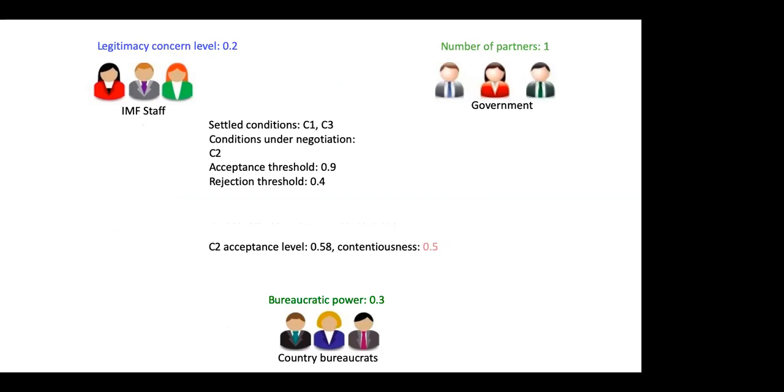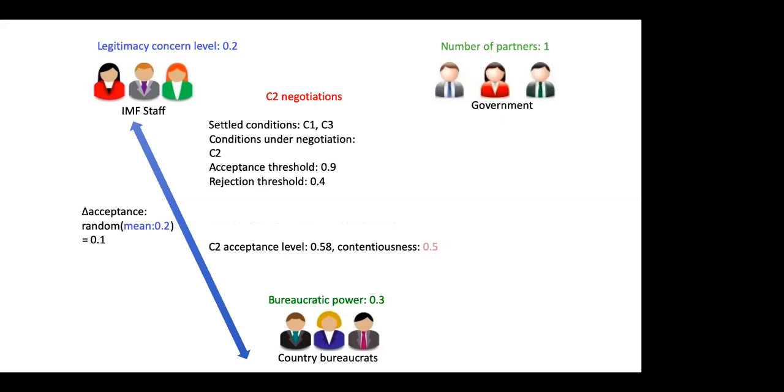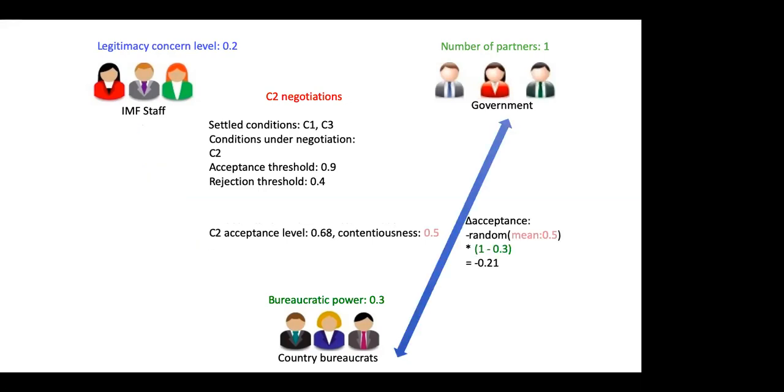So the only one left to negotiate is C2. Its acceptance level first increases by 0.1 and then decreases by 0.21, resulting in an acceptance level of 0.47.